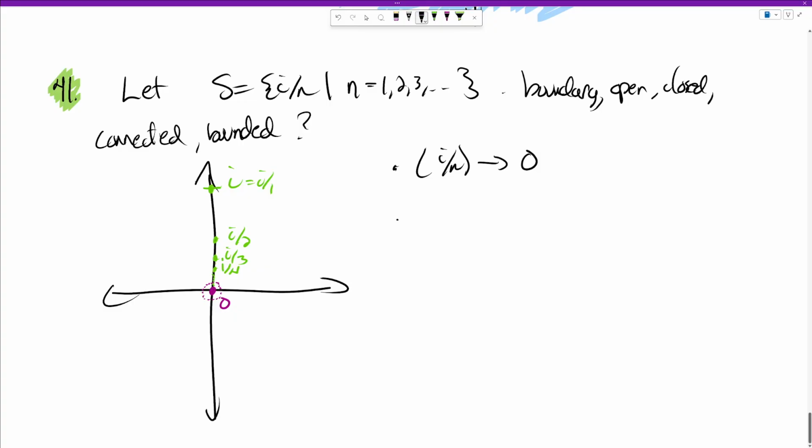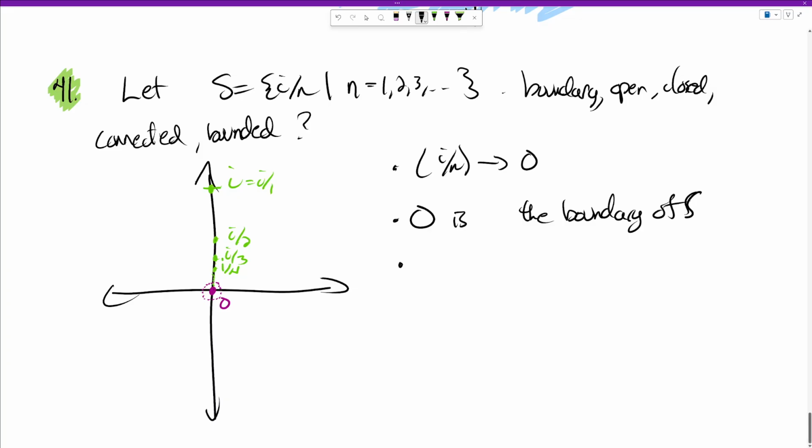So actually, 0 is on the boundary of S, and 0 actually is the boundary of S. So anyway, it's because the definition of the boundary is, well, every epsilon neighborhood should have points in S and outside S. And it certainly does. Great.